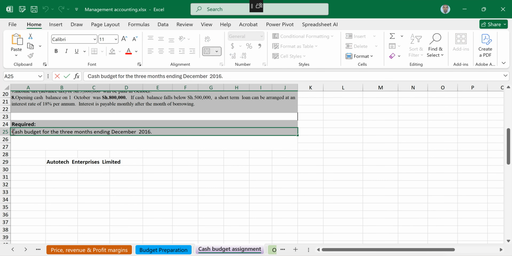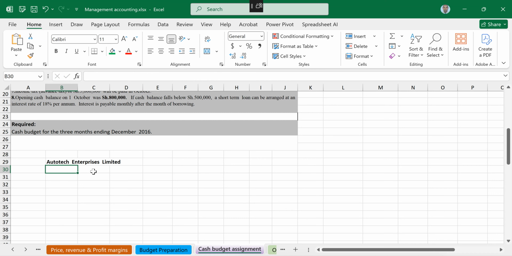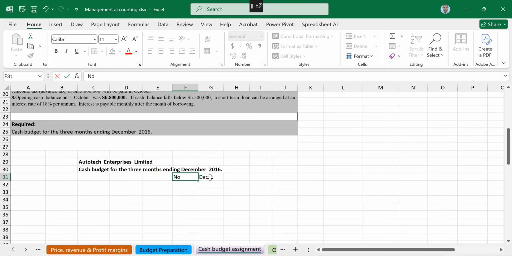Then cash budget for the 3 months ending December 2016. And this will be December. This will be November. Then this will be October.